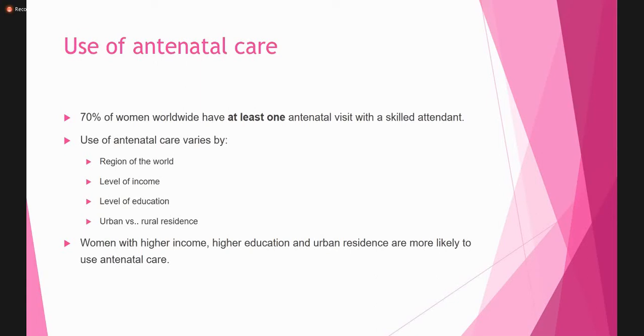Women with higher income, higher education, and urban residents are more likely to use antenatal care because maybe they are more aware, they are more independent, and they can use it as compared to the rural resident women.